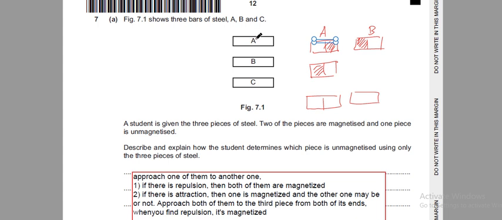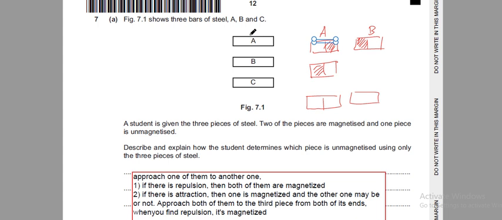If we haven't a repulsion, and when we approach A from either end to B, we have attraction in both cases, I mean approaching A from right or from left to B, then either A or B is unmagnetized.